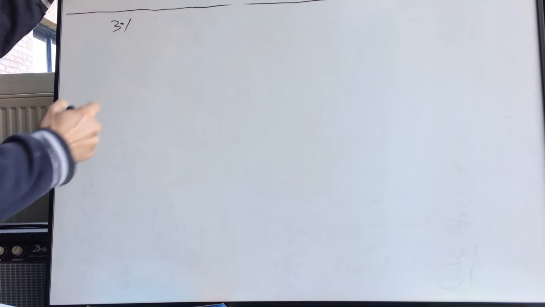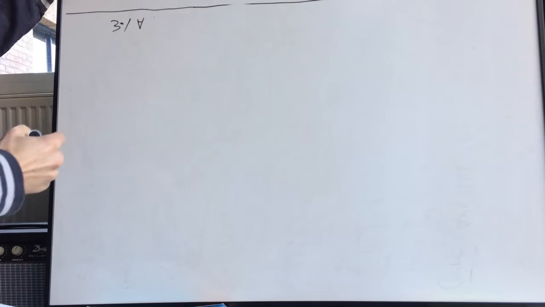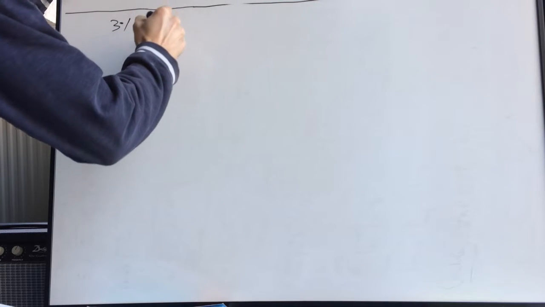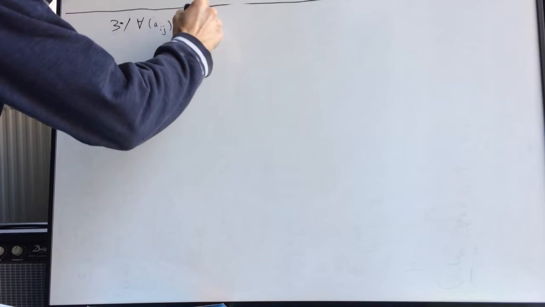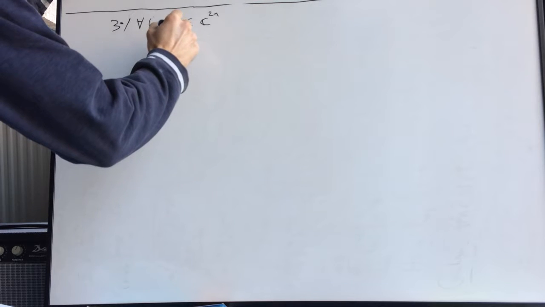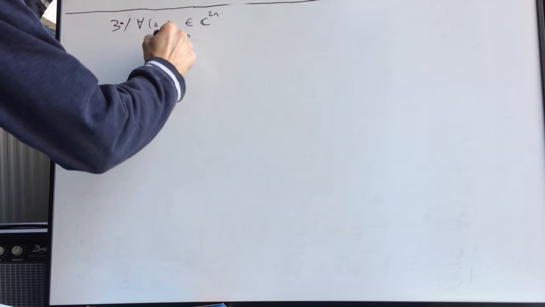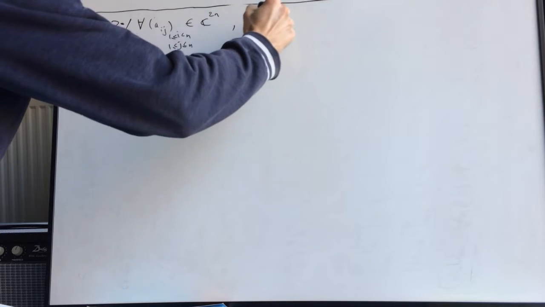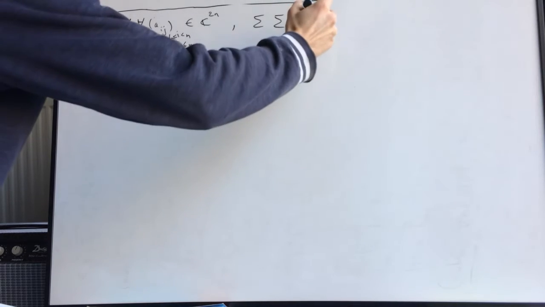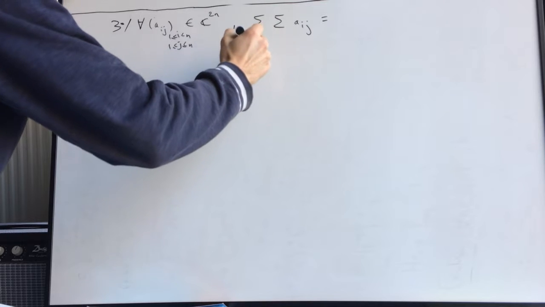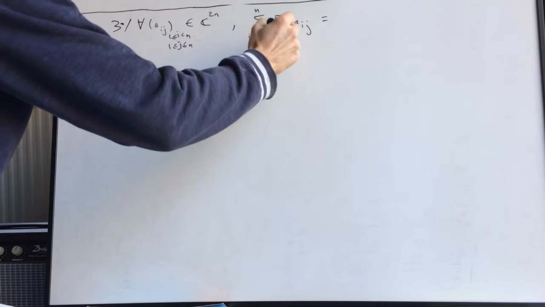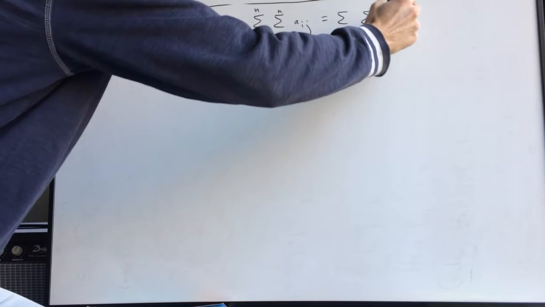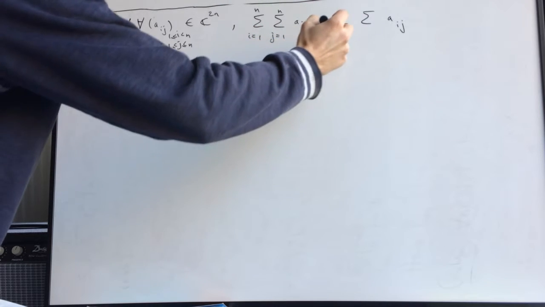Thirdly, we are going to prove that for each family of complex numbers a sub ij that belongs to C, i is moving from 1 to n and j is moving from 1 to n, the double summation of a sub ij when i is going from 1 to n and j is going from 1 to n is equal to the double summation of a sub ij, and we exchange the position of the index.